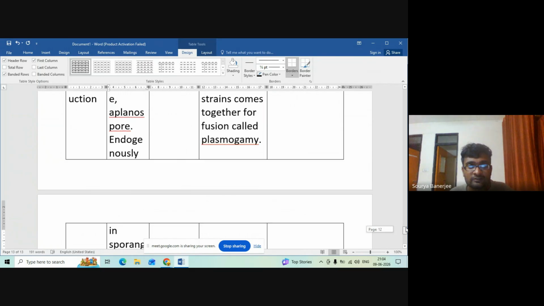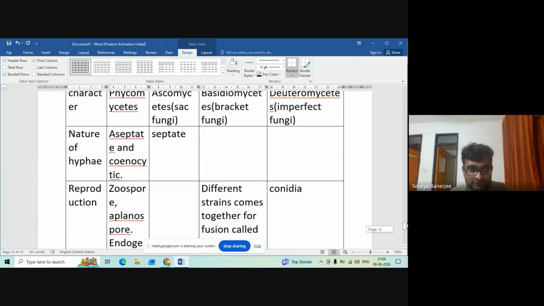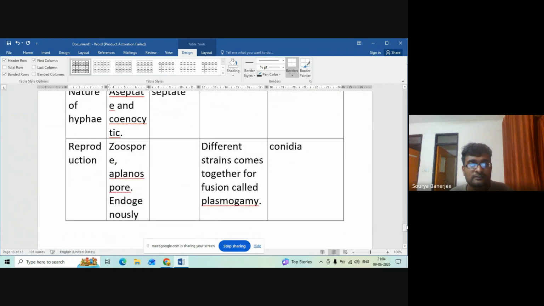But in the case of ascomycetes, spores are formed both exogenously and endogenously. Please remember, in phycomycetes there is only endogenous spore formation. But in ascomycetes, endogenously also, exogenously also, spores are being formed.